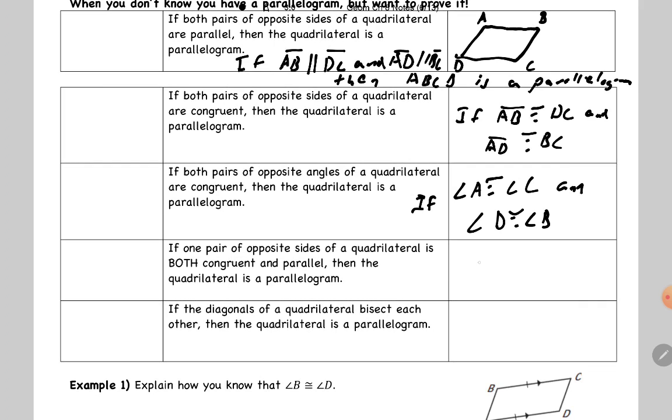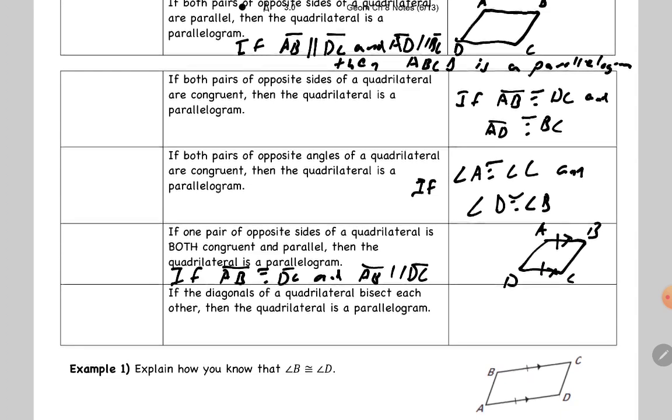If one pair of opposite sides of a quadrilateral is both congruent and parallel, so let's draw that again. A, B, C, D. This one says if, let's say for example, AB is congruent to DC and AB is parallel to DC, then it's a parallelogram.